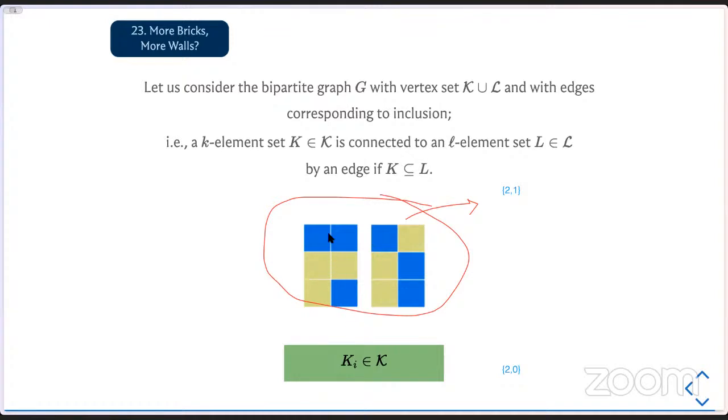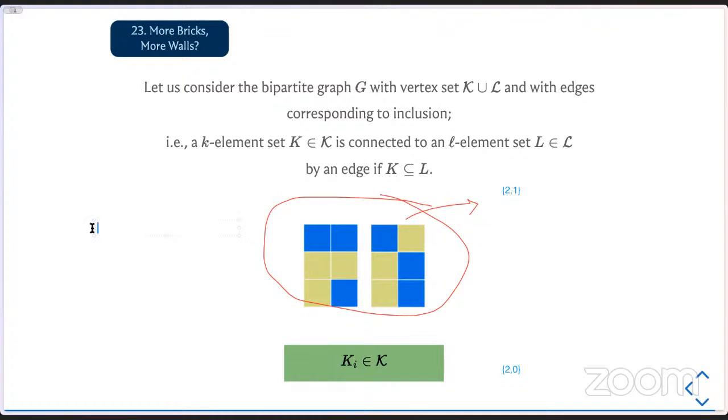It's the same mechanism for each of the elements of this equivalence class to morph into an element of the equivalence class below. So if I have to go from a 2-1 to a 2-0, there is only one way of doing that, which is to take the column that has the one brick and turn that into a column that has 0 bricks.